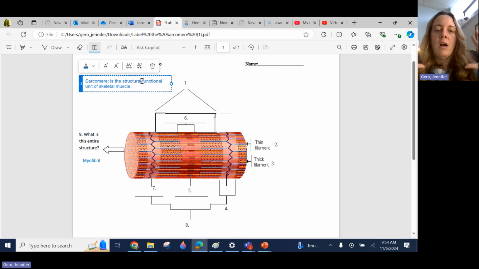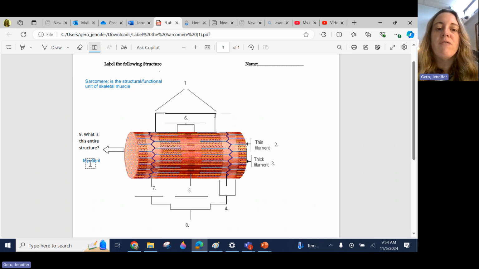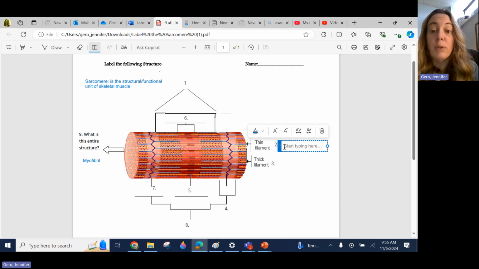So again, an entire skeletal muscle is full of these large contractile proteins that are called myofibrils. Myofibrils are made up of smaller proteins called myofilaments. And we have two different types: the thick and the thin filament. The thin filament is shown here in blue, and that is actin.